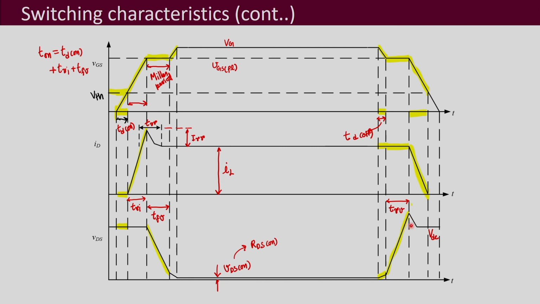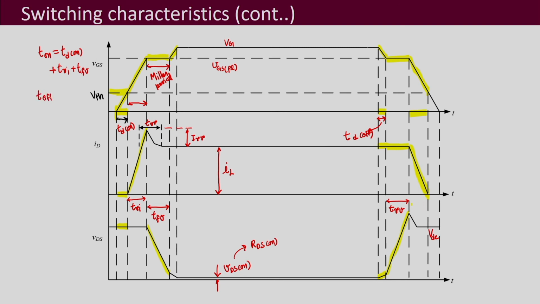This overshoot is basically because of the stray inductances that are present in the circuit. Your stray elements are there which also lead to your overshoot in the voltage. And your turn off time is basically contributed by this TD off and these other two intervals, your TRV and your interval which is your TFI.